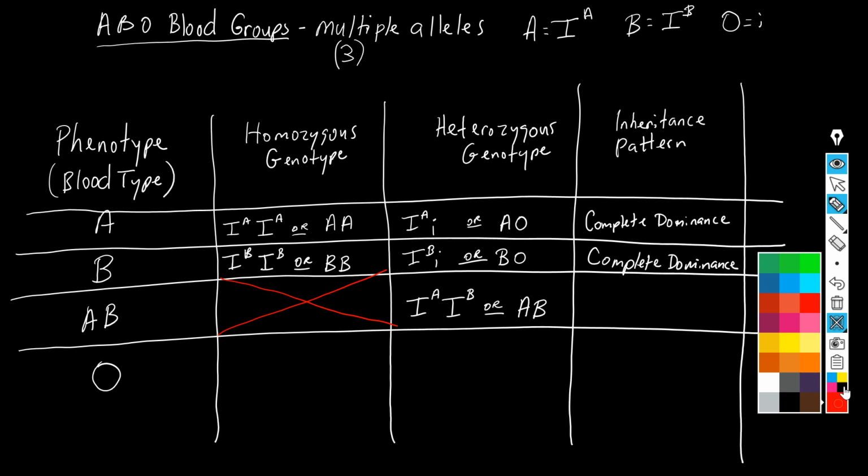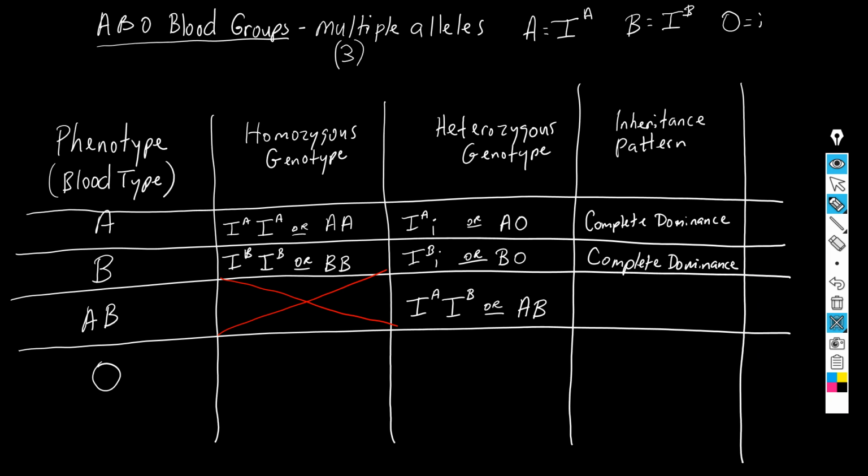It does not exist for type AB blood. The inheritance pattern is also not complete dominance, nor is it incomplete dominance that we learned about with flower color. This is a new type of dominance that you're learning about, known as codominance.